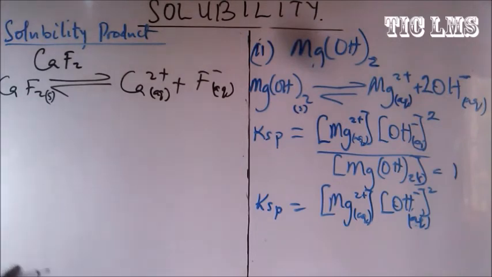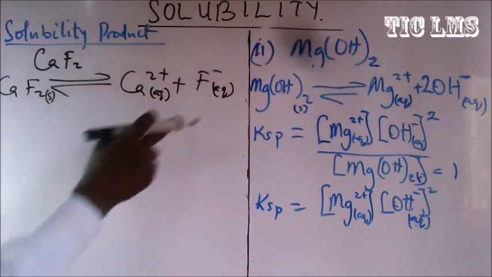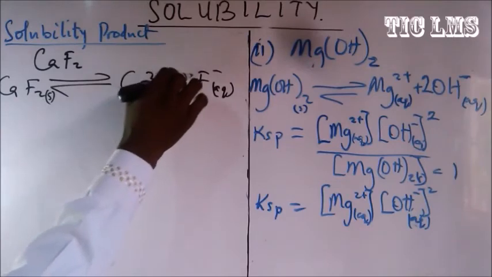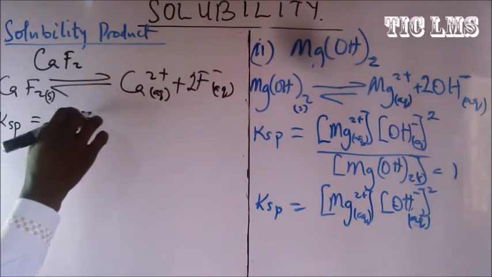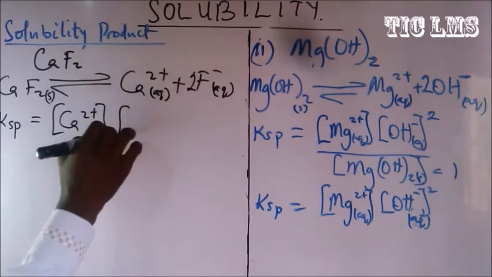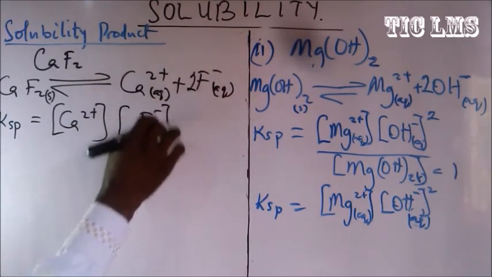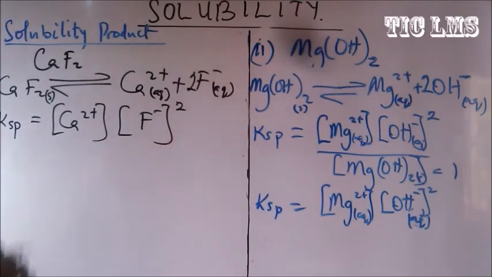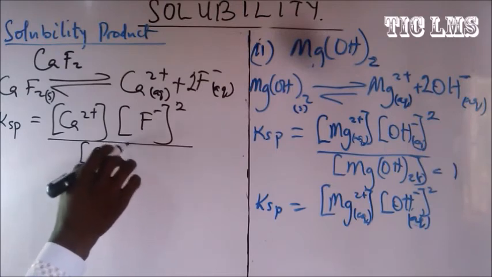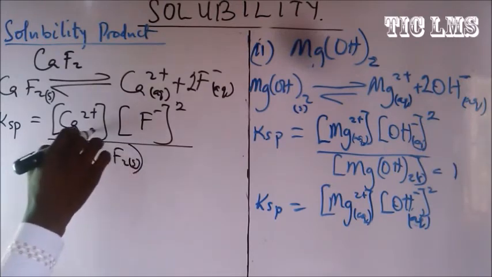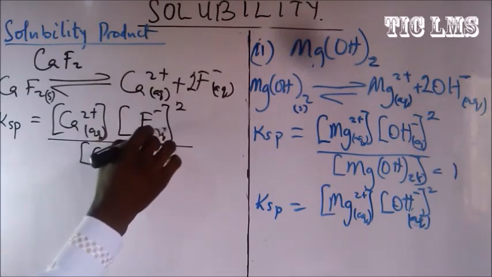And we need to balance this equation because we have 2 atoms of fluorine here and we have just 1 atom here. And so if we put 2 here, that has balanced the equation. Next is to find the solubility product constant, which is equal to calcium concentration multiplied by fluoride concentration raised to power 2 divided by the concentration of calcium fluoride solid. So we have solid, we have aqueous, and we have aqueous over here.